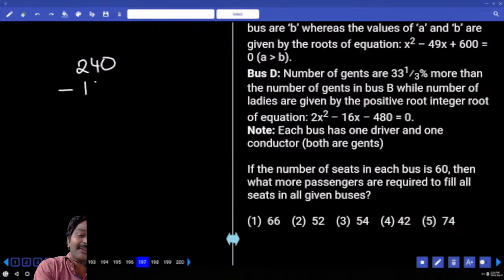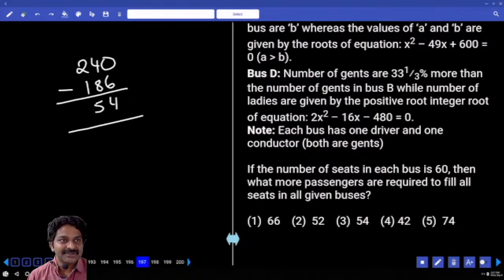So if you subtract 178, at the same time we also need to subtract the driver seat and conductor seat in every bus, right? So how many buses are there? 4. 4 into 2, 8. Apart from 178, you need to subtract 8 more, right? Can I consider it as 178 plus 8, directly 186? How many seats are left? Yes, 54 more seats we need to fill.